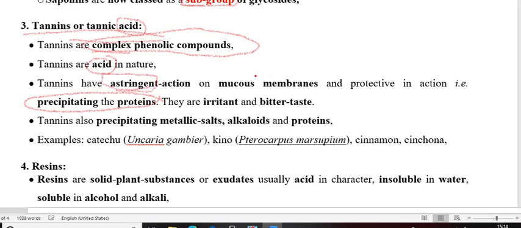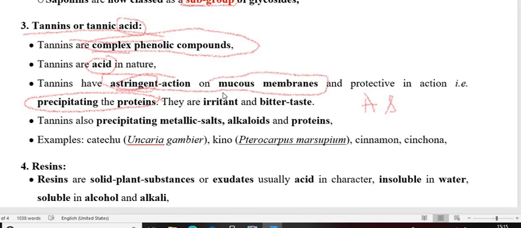If you want to define astringent, astringents are agents which precipitate the surface protein, that is the mucous membrane protein, forming a protective layer because of its precipitation, and therefore it is called astringent.